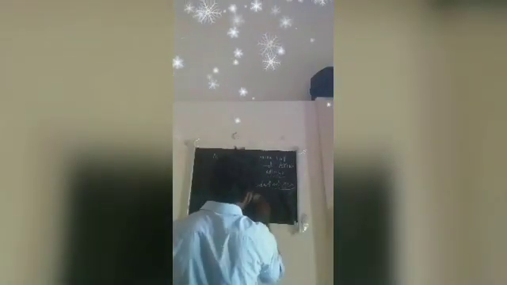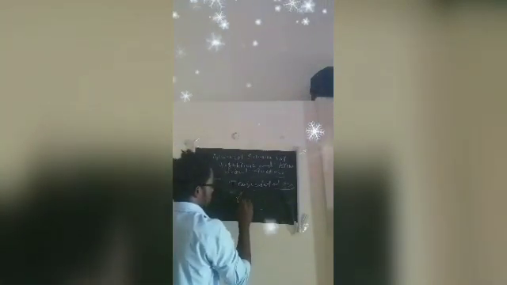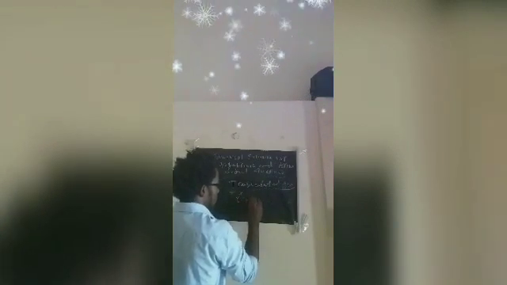If f of x is equal to 0, the criteria to say transcendental function is that this f of x should be either an exponential function, a logarithmic function or a trigonometric function. An example for this transcendental function is e to the power of x cos x plus 1 is equal to 0. This is a transcendental function, not an algebraic function.